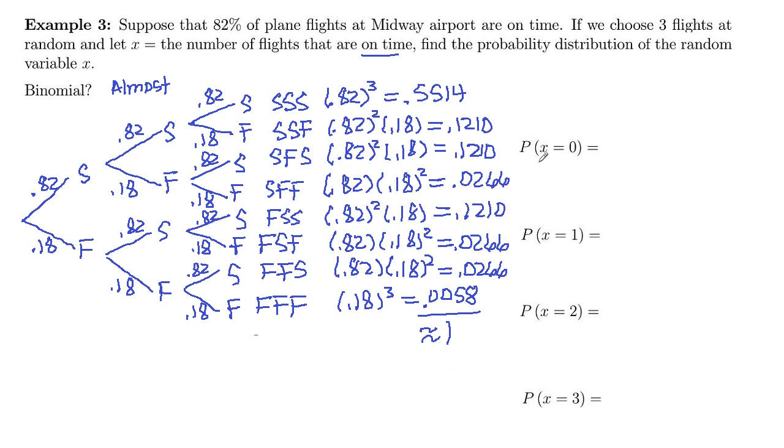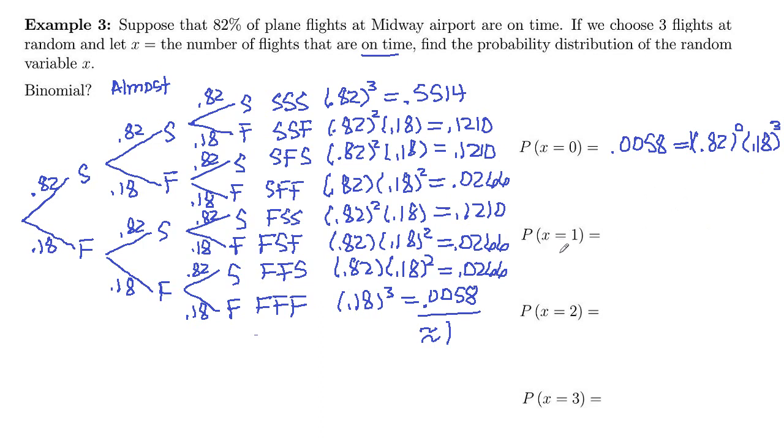Now we want to know, what is the probability of 0 flights on time? Well, there's only one way that occurs. All 3 are late. That probability is 0.0058, and that comes from 0.18 cubed. So the 0.82 here gets a 0 power, and the 0.18 is cubed, and there's one possibility like that.